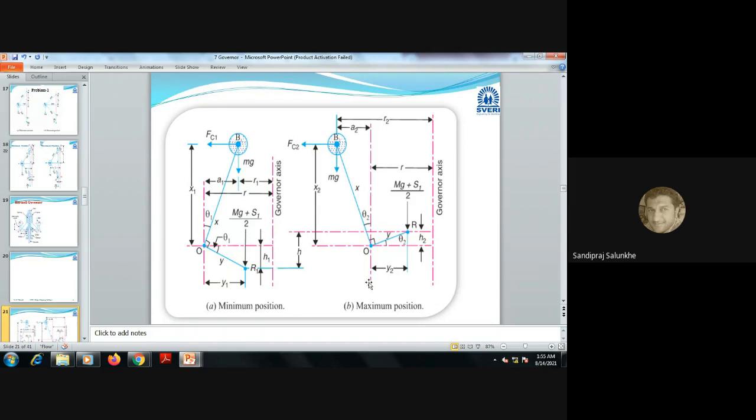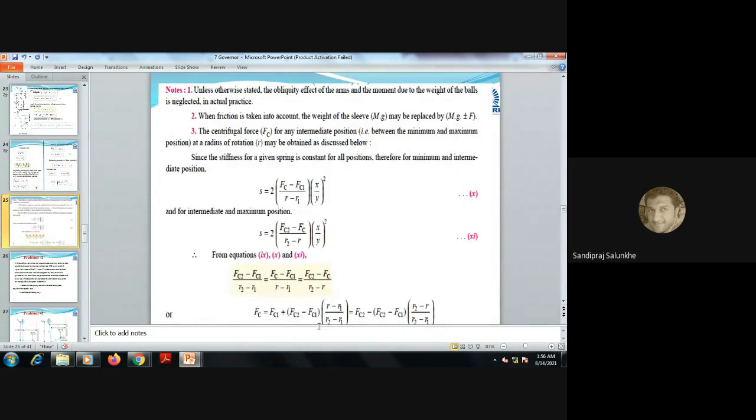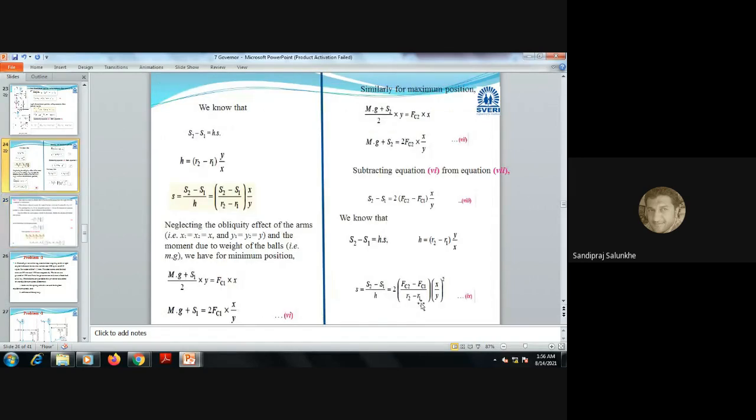For this minimum and maximum position, all these forces are analyzed and their moment at point O is taken, and it is considered that at point O, when we take moment of all forces, that should be in equilibrium. By means of that we got the governing equation.